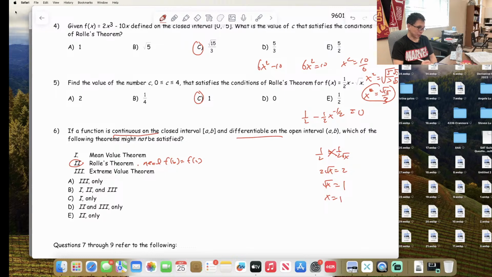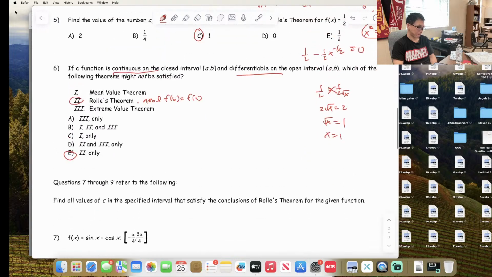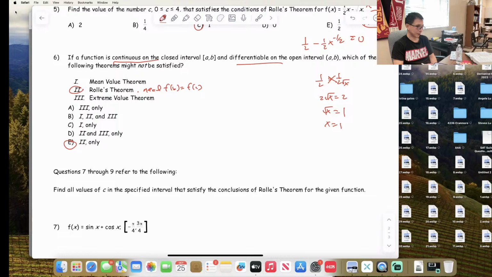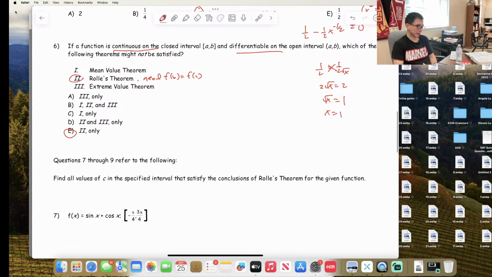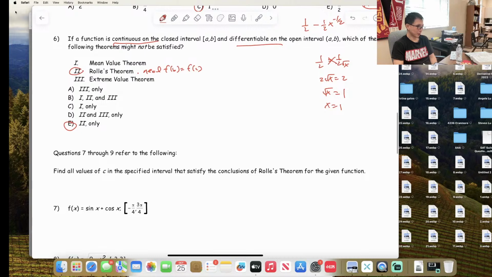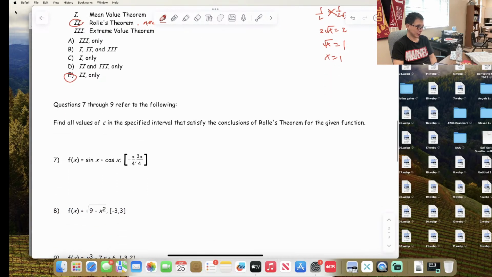So 2 only is the only choice, because you cannot pick 1, since there's no 1 and 2. So therefore mean value theorem does not apply. Because there's only one right choice, E is the only one that has 2 only.